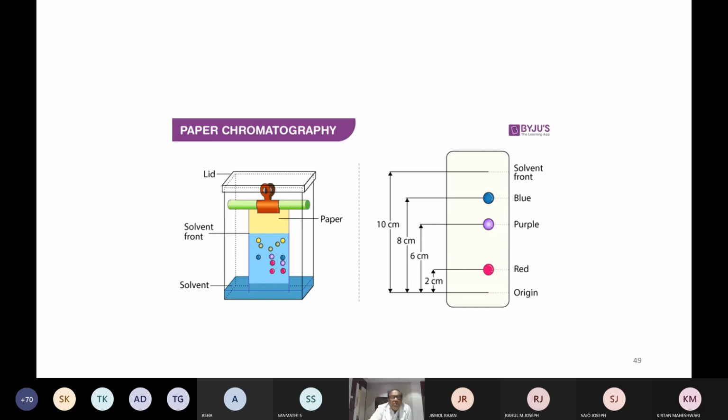So by this I am coming to an end. Basically, chromatography is used for the separation of amino acids.